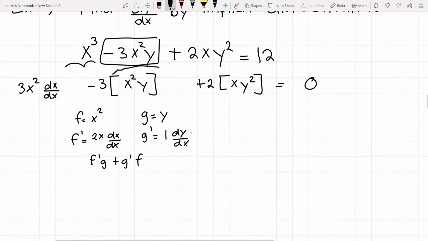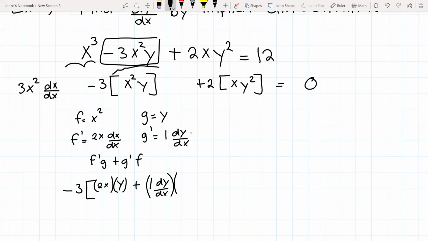So f prime of g, it's going to be -3 bracket, and then f prime is just 2x, right? The dx cancels. And then g is just y, plus g prime, which is 1 dy over dx, times regular f, which is x squared.